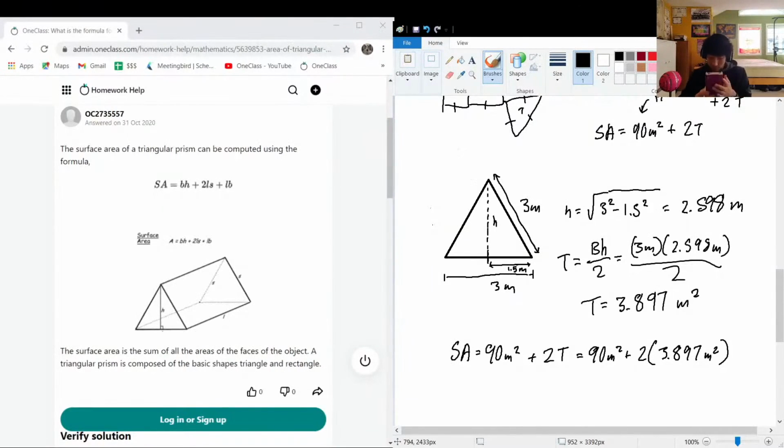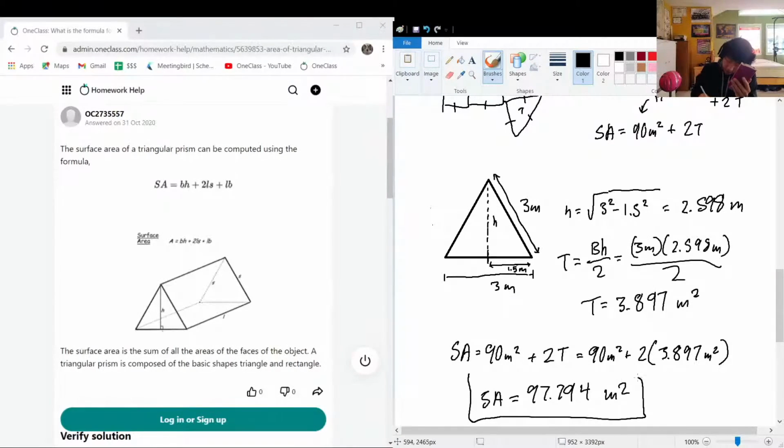We can add that up: 3.897 times 2 plus 90, and our total surface area is going to be 97.794 meters squared.